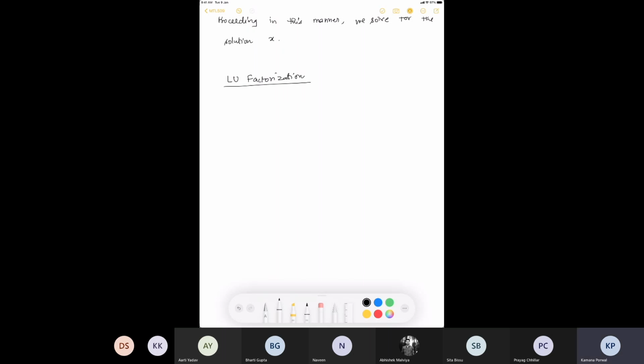So suppose we are again interested in solving the matrix equation Ax is equal to b with the coefficient matrix as A. Okay.